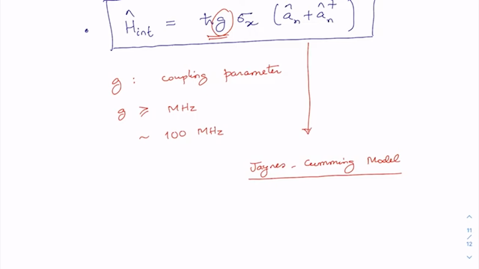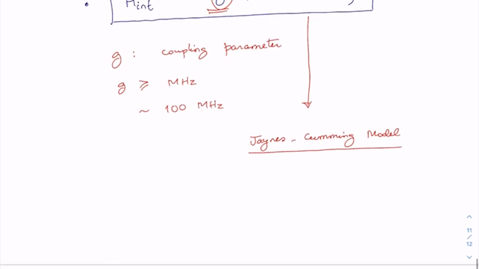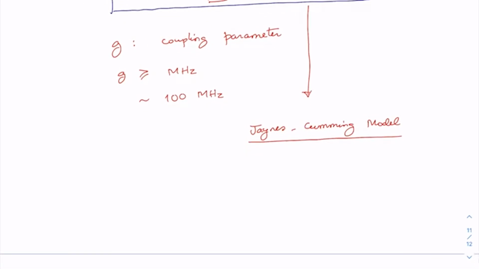basically describes the interaction between a single field mode and an atom. For our case, the field mode is a single harmonic oscillator. So we have the field and we have the atom, and then we have the atom-field interaction, and I have already written down the atom-field interaction term.